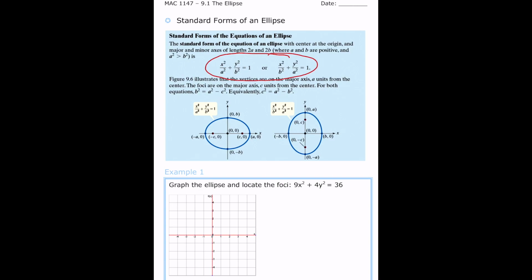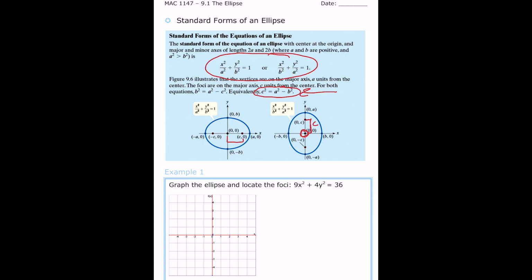And if you look in the middle of the page here, from the center of an ellipse, the distance out to one of the foci is c, whether it's in the vertical direction or the horizontal direction. The calculation of c comes from this little equation here, c squared equals a squared minus b squared.